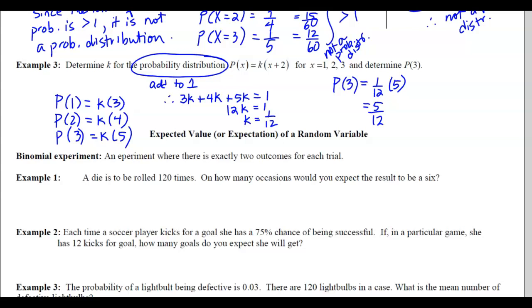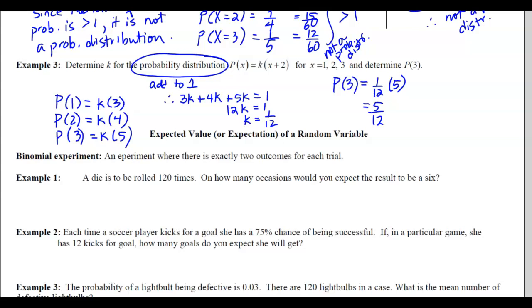With a binomial experiment, there are 2 outcomes for a trial. It can be the probability of getting a goal or not getting a goal, either playing hockey or soccer or whatever. It can be the probability of tossing a 6 on a die or not tossing a 6. That's a binomial experiment where there's just 2. It happens or it doesn't happen.